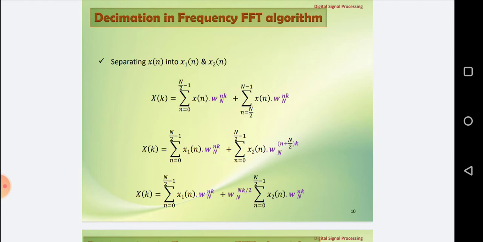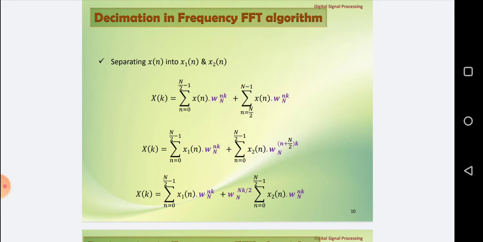By replacing values, the first summation has x1 of n into omega n of nk, and the second, n equals 0 to n by 2 minus 1, x2 of n omega n of n plus n by 2 into k.